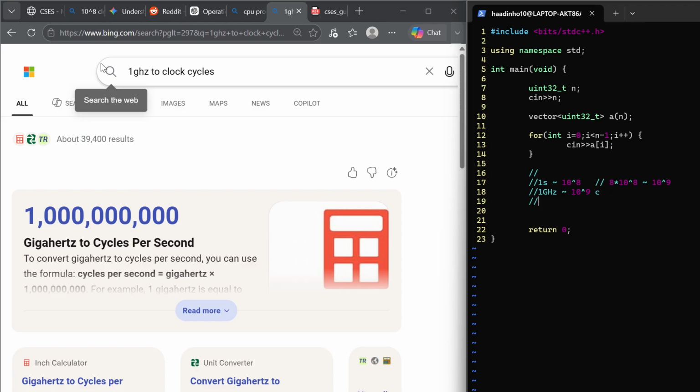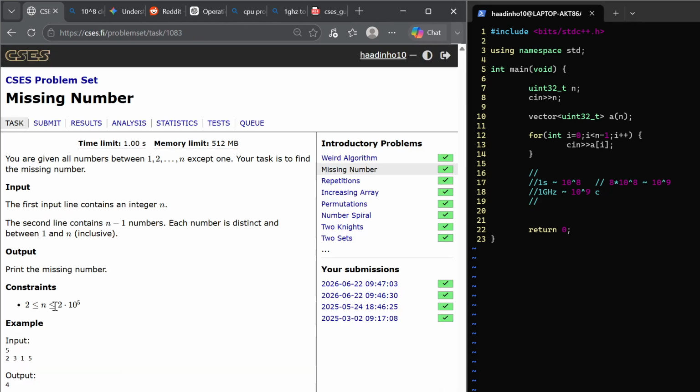Due to that reason, here we have 10 power 5, which is way below 10 power 8. Because of this, it is possible for us to go through each and every element in the array once, because we can go through all 10 power 5 elements.